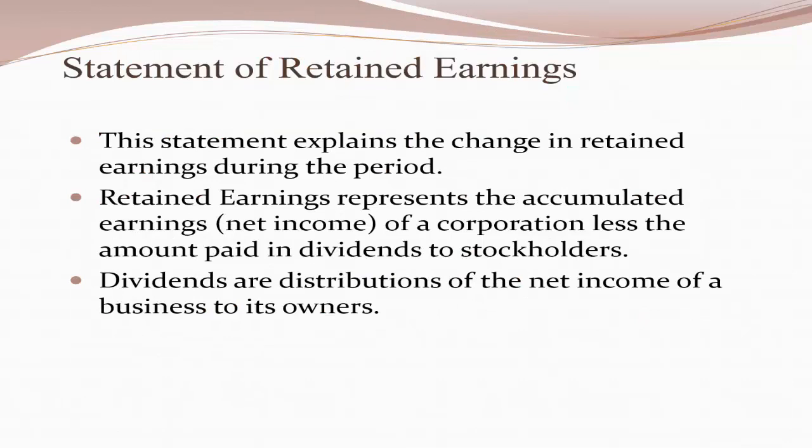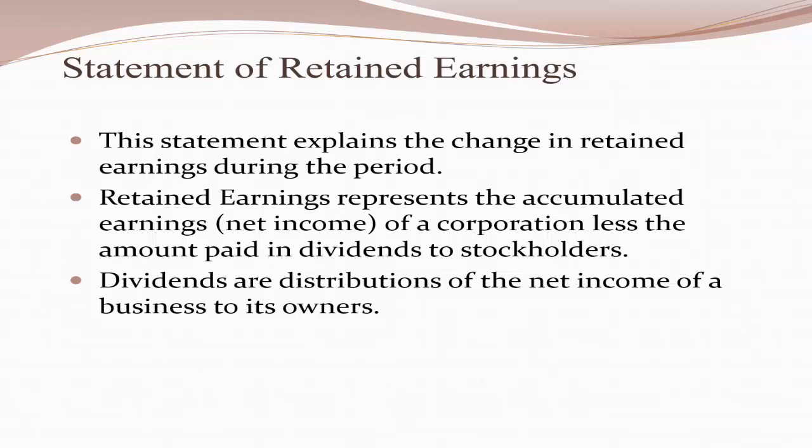So here we have the statement of retained earnings. This statement explains the change in retained earnings during the period, and retained earnings represents the accumulated earnings, or the net income of a corporation less the amount paid in dividends to stockholders.